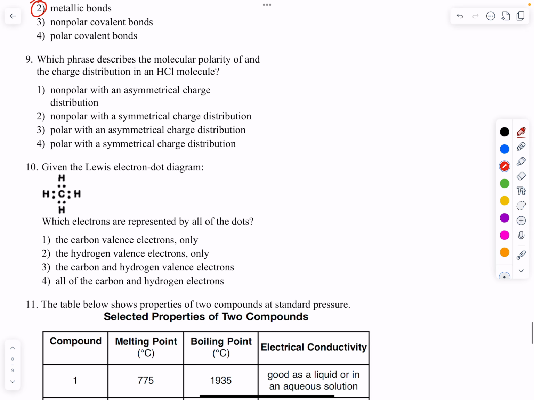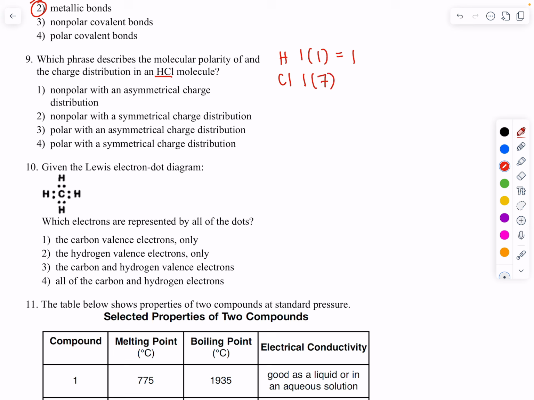Number 9, which phrase describes the molecular polarity and charge distribution of an HCl molecule? So we can actually draw the HCl molecule if we want. We can draw a Lewis dot. It's good to practice with it, right? So we have H and Cl. I have one H and one Cl. H has 1 valence electron. Chlorine has 7.